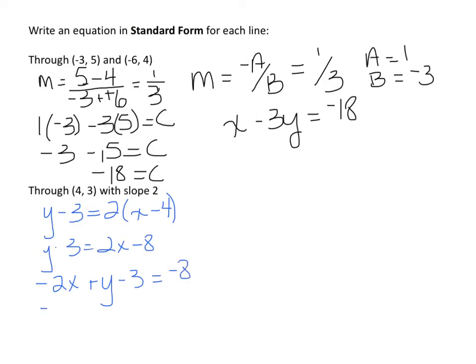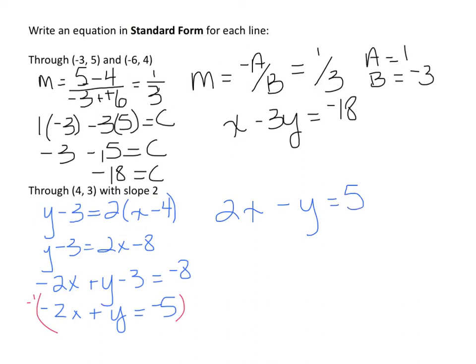Add 3 to both sides. But I remember this rule here, can't have a negative value, so what I'll do next is multiply this whole equation by -1. And that will give me positive 2x minus y is equal to 5.